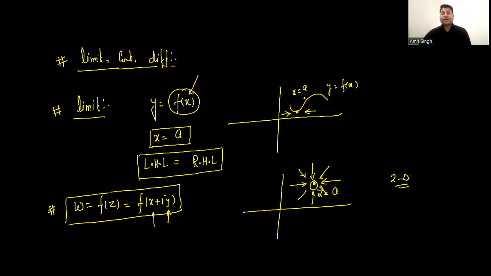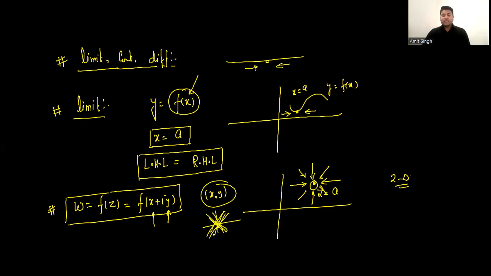Now you may ask, sir, why only two sides here and all the sides there? The difference is that here the variable is x, so we can only move on the x axis, but there it is x and y, a two-dimensional object, so it can be approached in both ways, along the x axis, the y axis, and everything passing through that point.